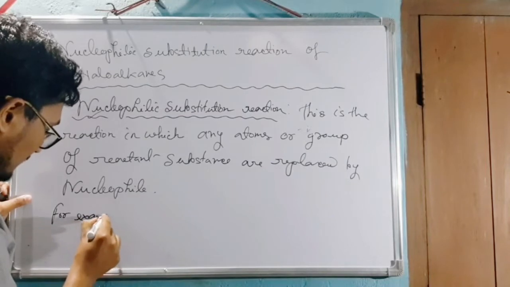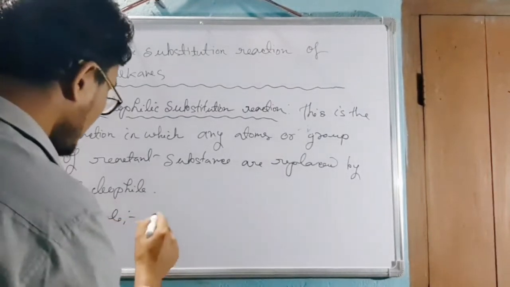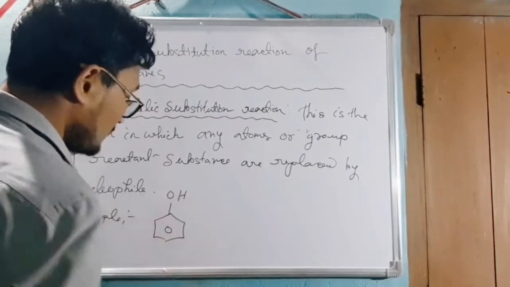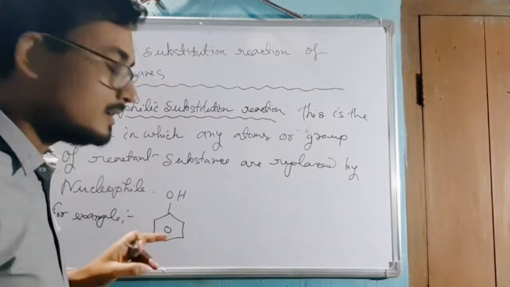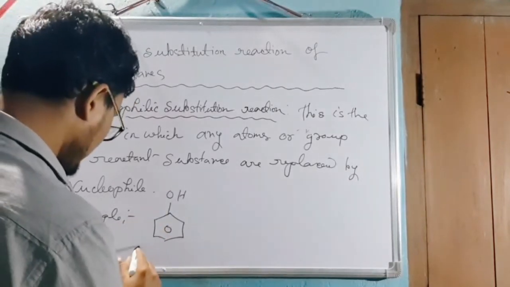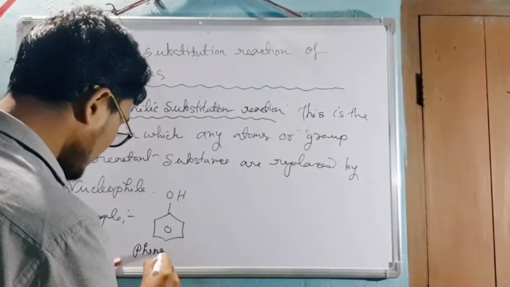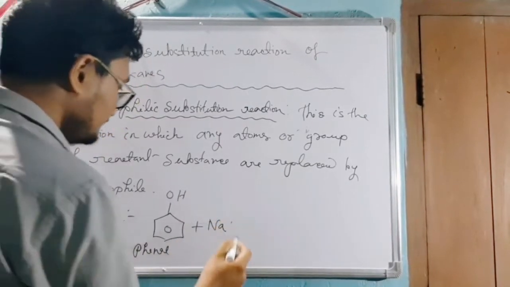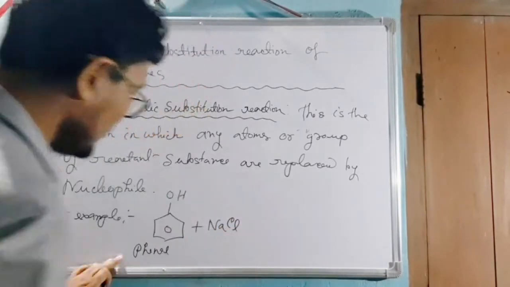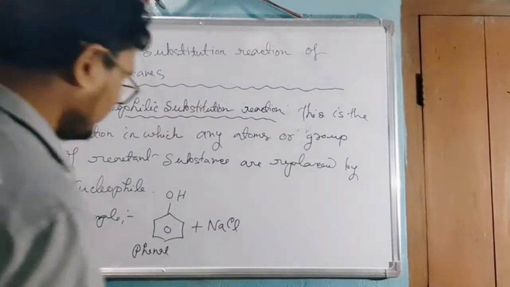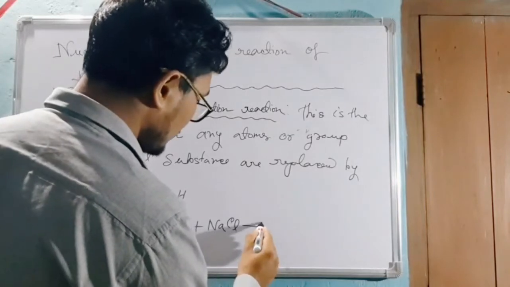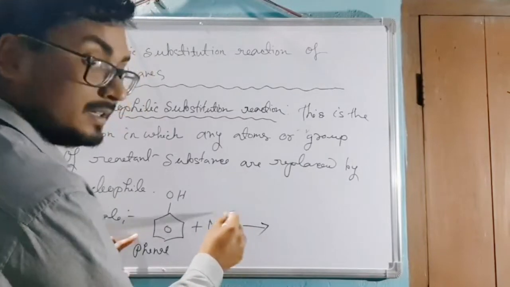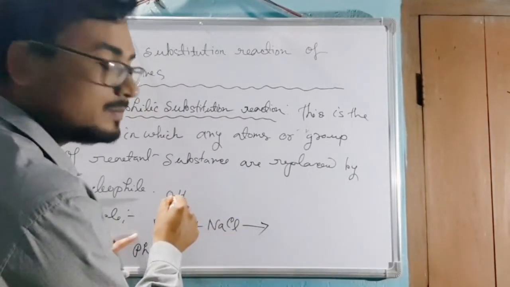For example, what is the name of the compound? It is phenol. This phenol plus sodium chloride. So here, what happened? This negative part will come to this position.